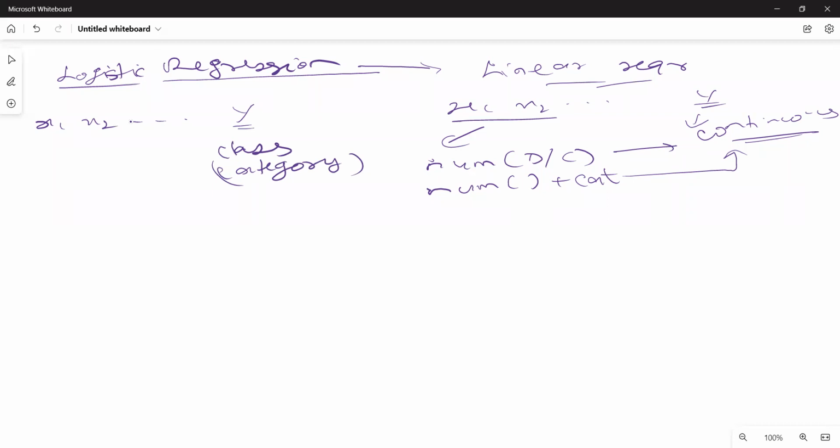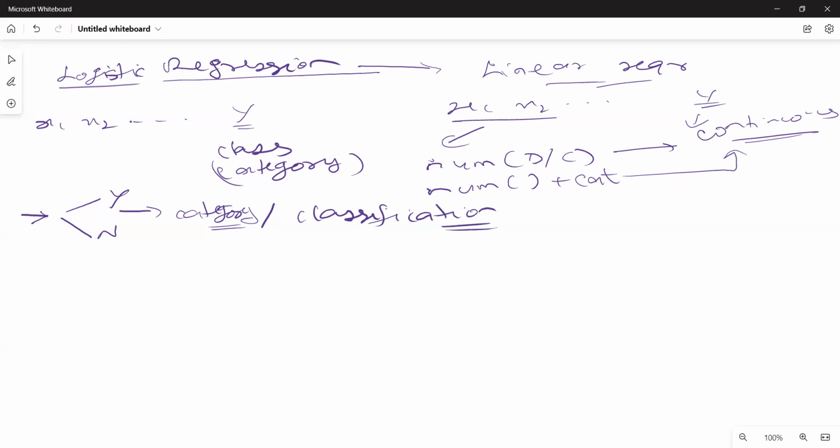Category means that a given record can be predicted as either this or this, that is, class yes or class no. So this is called a category. Now this is also known as a classification method. You are classifying a certain record as either this or that.